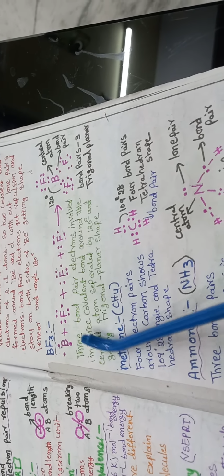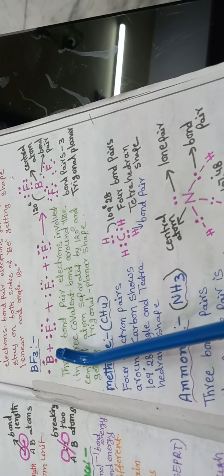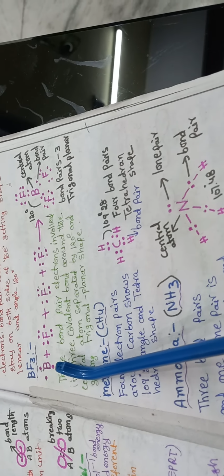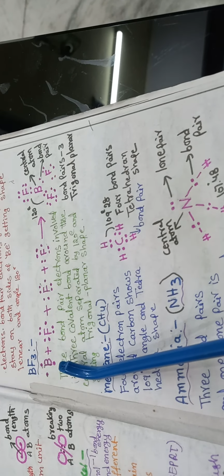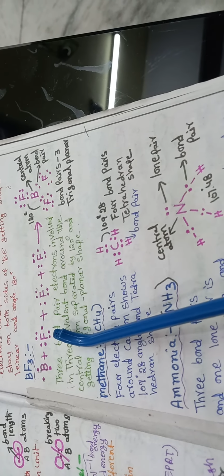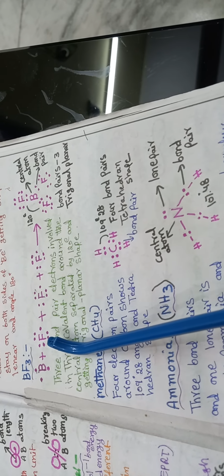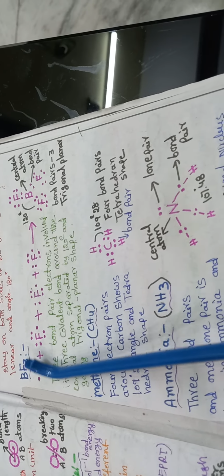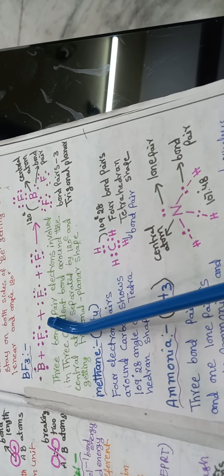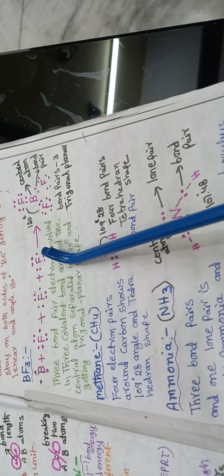Next one, BF3. So here we can see boron. Boron has 3 valence electrons and fluorine has 7 valence electrons. So how many fluorines are there in this compound? 3 fluorine atoms are there: 1, 2, 3. Okay.